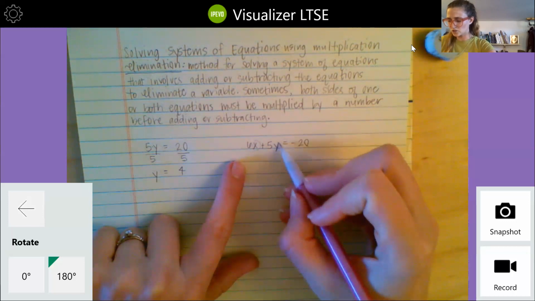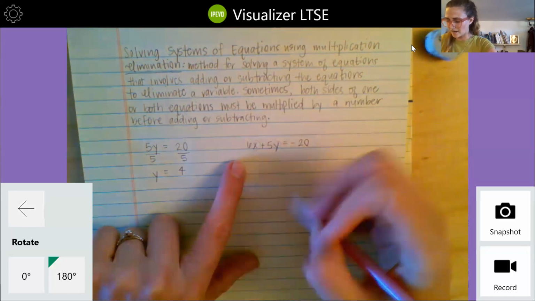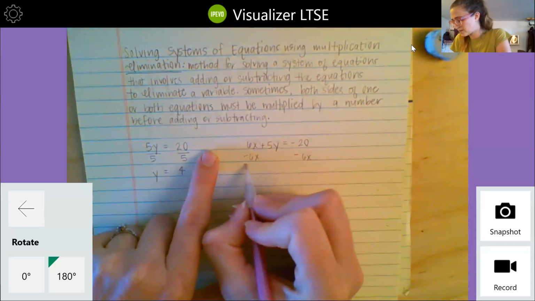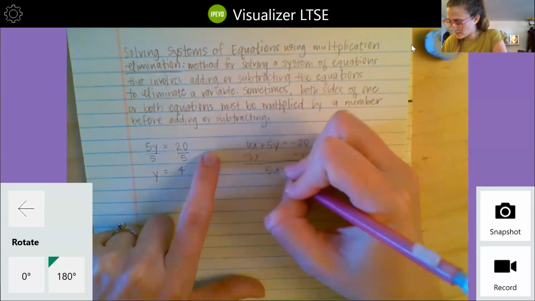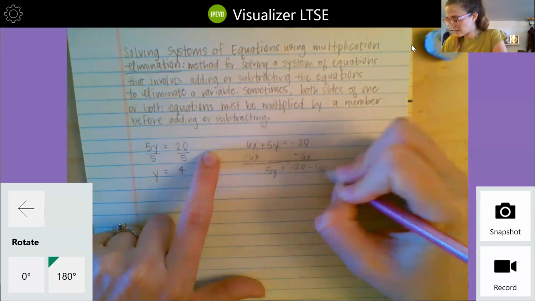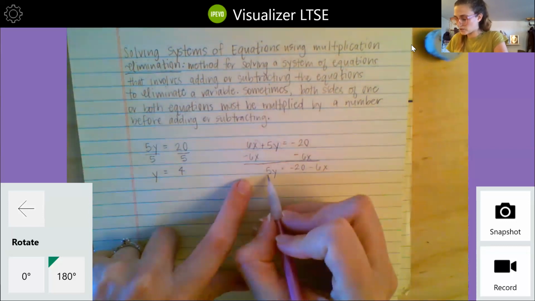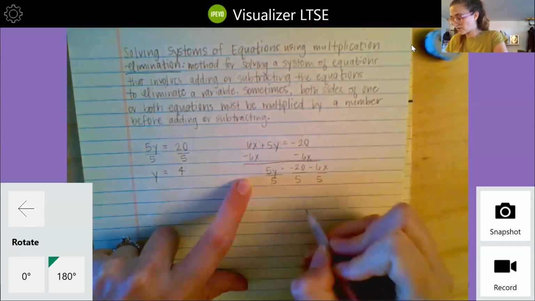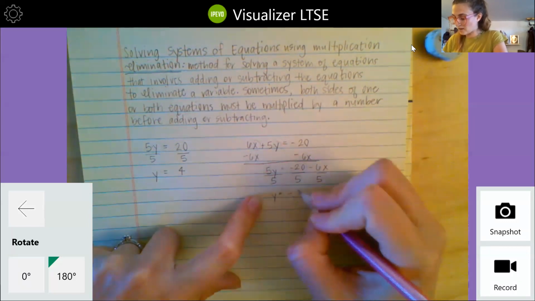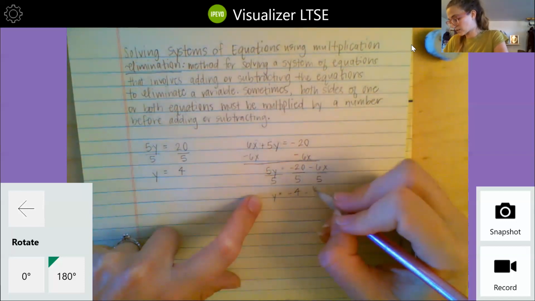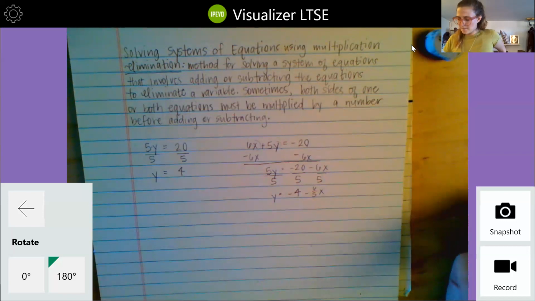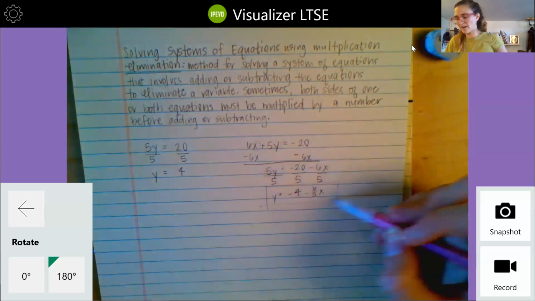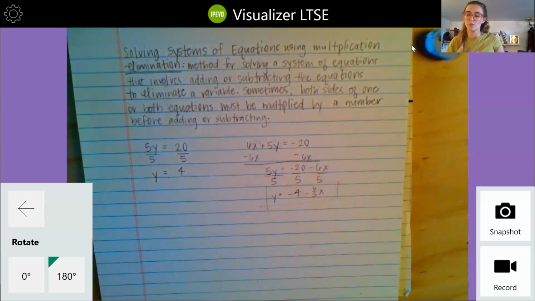So for example, if I wanted to solve for y, I'd get rid of this 6x, so I'd subtract 6x here, subtract 6x there, and I'd get 5y equals negative 20 minus 6x. And then to solve for y, I'd have to divide by 5, and I'd get y equals negative 4 minus 6 over 5x. And I mean, that's fine, it works, but it's not very clear. We still don't really have a clear idea of what y is equal to.